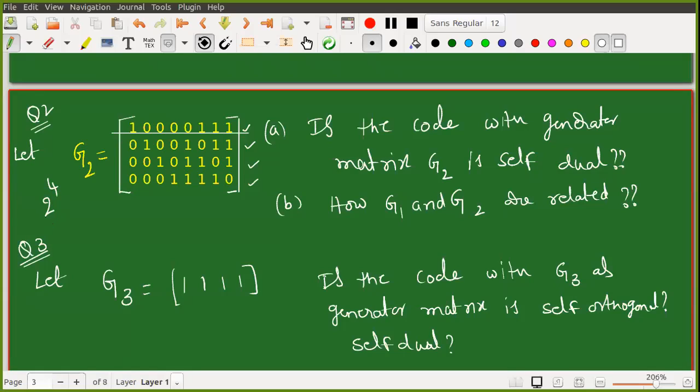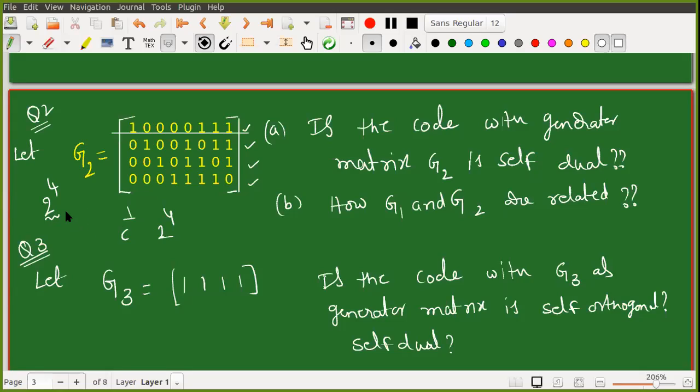What about the dimension of C perp? It should be equal to that of C if they are self-dual, but I have to check. 16 minus the dimension of C should be 4. This dimension is 4 and that dimension is also 4, so its cardinality is also 2 power 4, right?